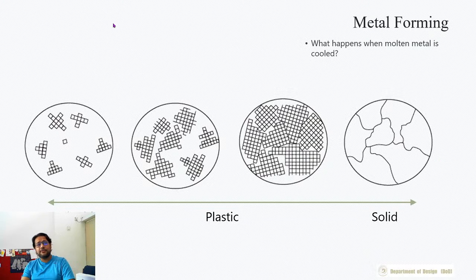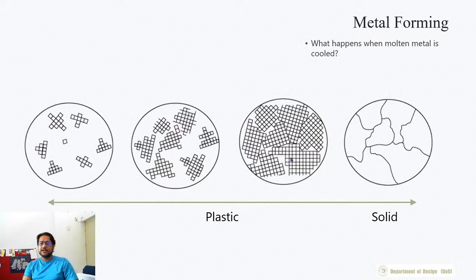And as I said, we have manufacturing processes for each of these four stages. So there is the liquid stage, then a slightly plasticky stage, where the metal can still hold its shape but is very malleable.